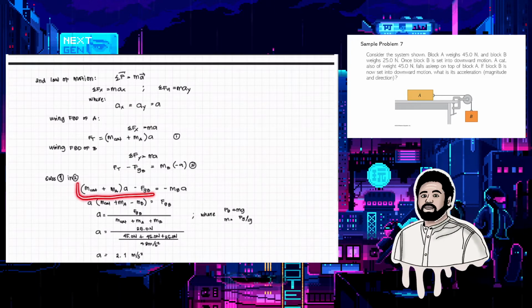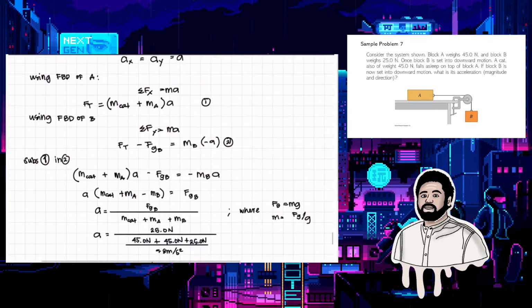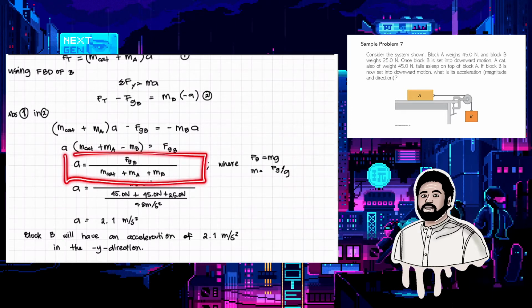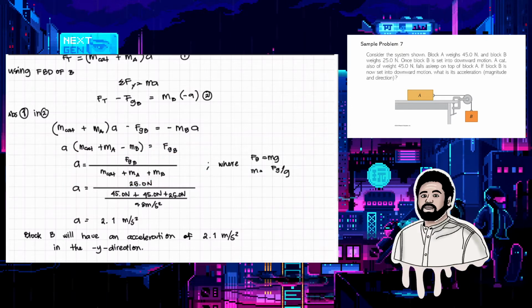Now, what we're going to do is substitute equation 1 into equation 2. We now have this working equation, and then rearranging, because we want to get the acceleration A. Just take note that the weight or gravitational pull is equal to the mass of the object times g, so mass is just equal to Fg over g. From this equation, we now have this final equation wherein we will substitute everything. So 25 newtons all over 45 newtons plus 45 plus 25, all over 9.8.